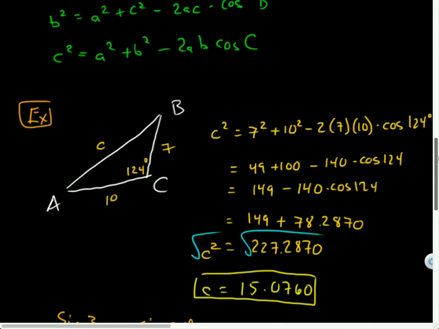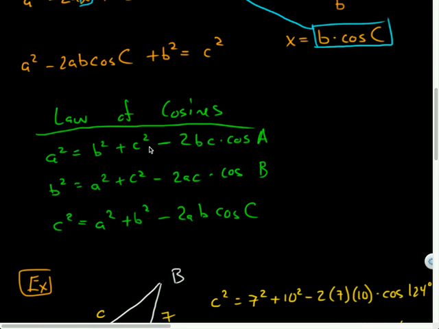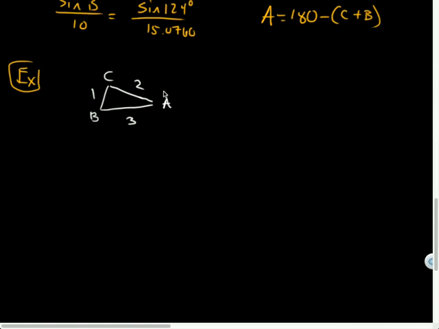Now, let's take a look at law of cosines. Law of cosines will relate 3 sides and an angle. So I know all 3 sides. I don't know an angle. I can actually use any of these 3 forms depending on if I want angle A, B, or C first. Let's find angle A first, just for fun.